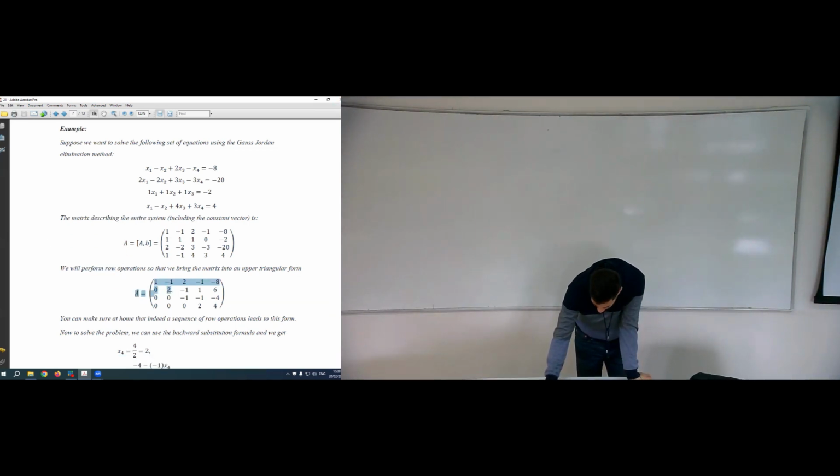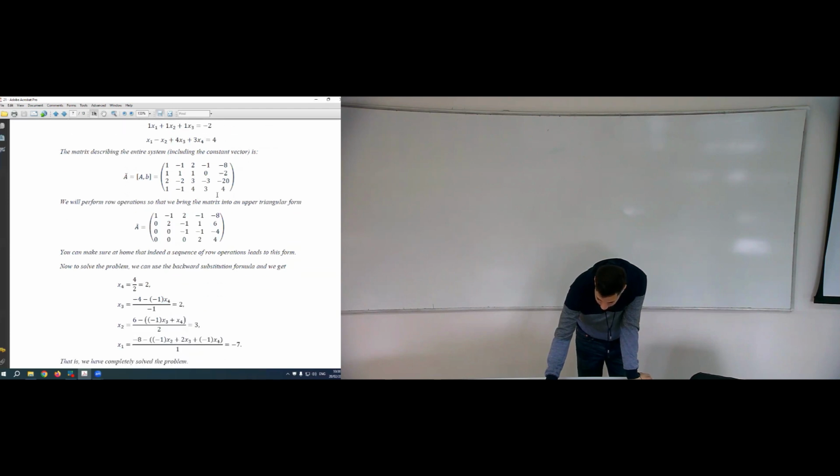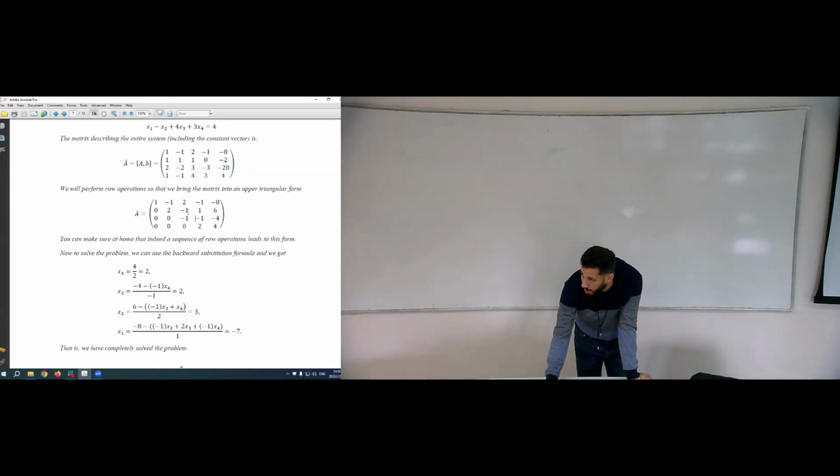After all operations, we get to this, and we use our backward substitution. So x4 equals 4 divided by 2, x3 equals dividing by minus 1, dividing what? Dividing minus 4 minus 1 multiplying x4, and we continue.